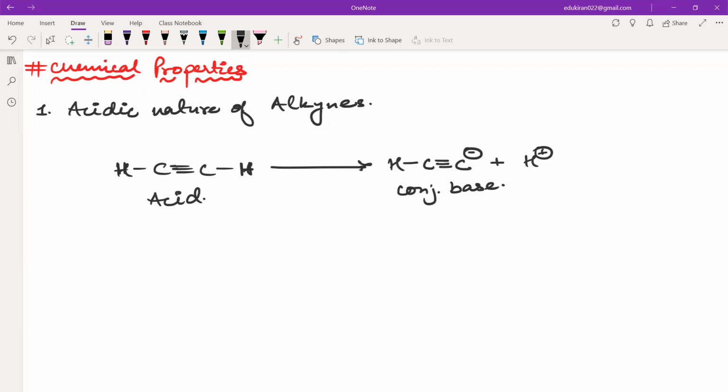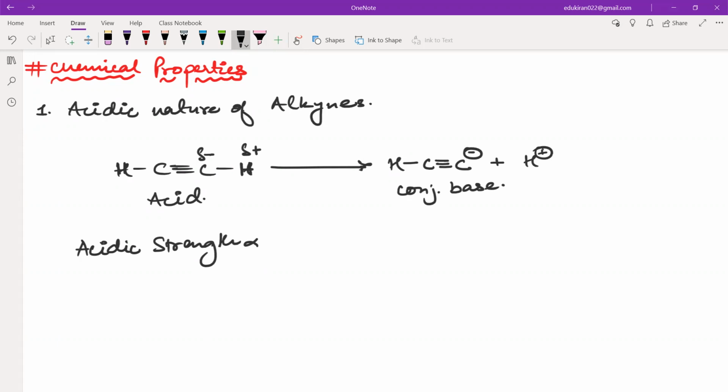This is my conjugate base. And we know from equilibrium that the acidic strength will depend on two things. First, how polarized is this bond? If this bond is very polarized, it means there is a high delta negative charge and a high delta positive charge. Then it is relatively easy to go from delta negative to full negative than from neutral, right? So if this bond is very polar, then the breaking of the bond is easy.